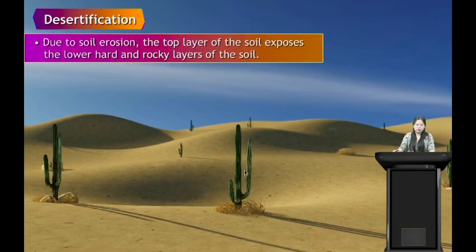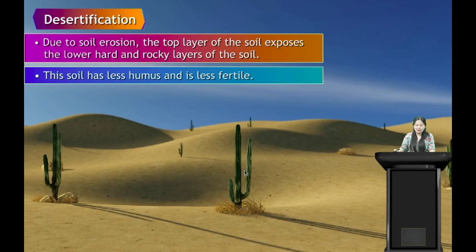Here, due to soil erosion, when we cut down trees, we have already discussed soil erosion, right? The uppermost layer of the soil will be swept away or washed away by strong winds and during heavy rainfall. So the top layer of the soil exposes the lower hard and rocky layers of the soil.